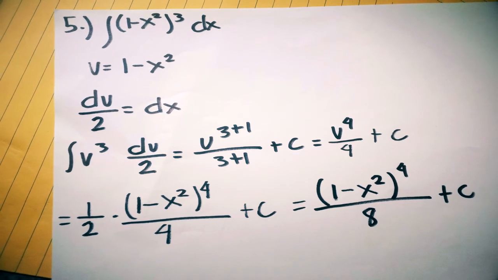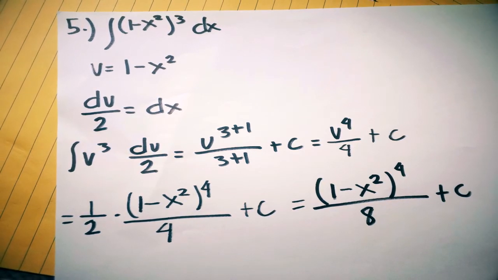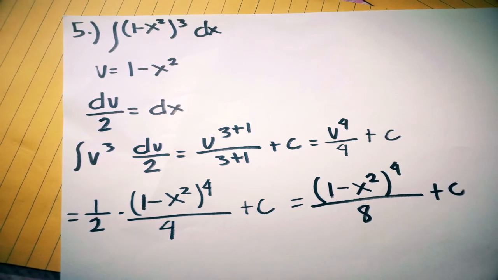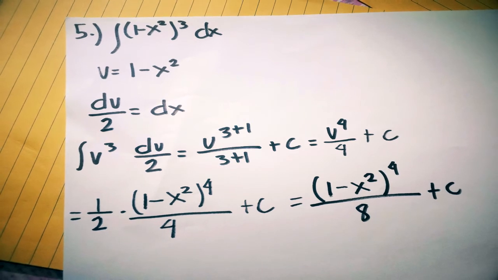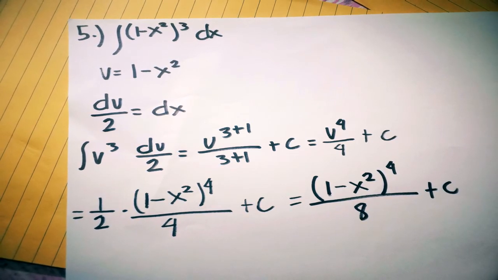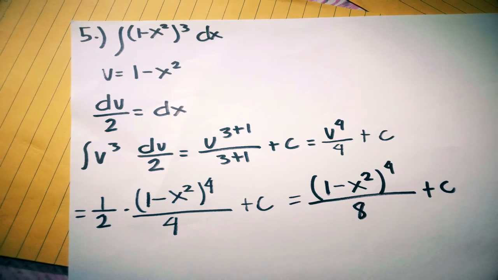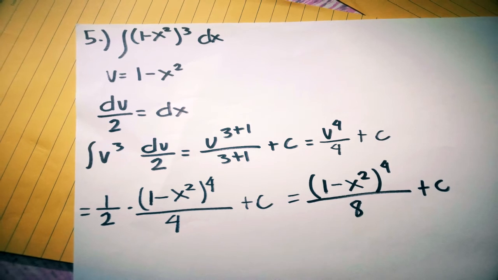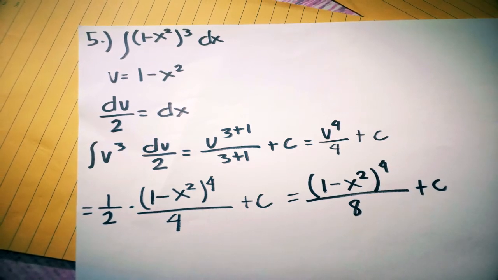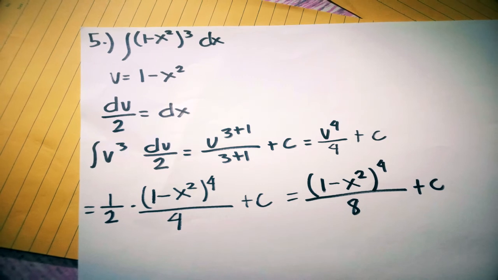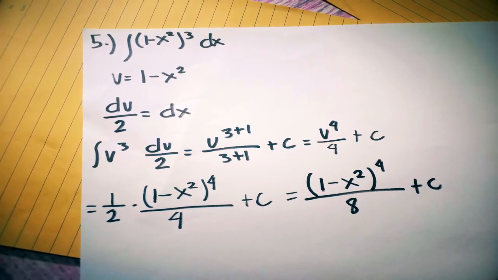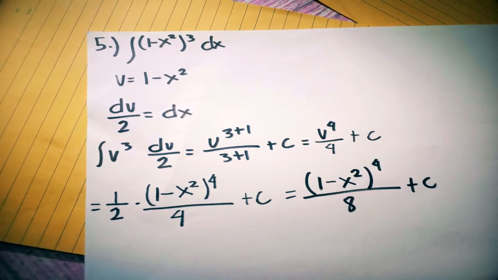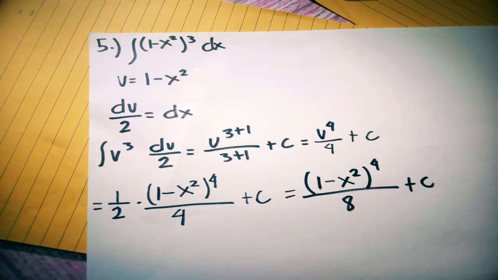The integral of u raised to the power of 3 du over 2 equals u raised to the power of 3 plus 1 over 3 plus 1, plus c, which is equivalent to u raised to the power of 4 over 4 plus c, which is equivalent to 1/2 multiplied by the quantity 1 minus x squared raised to the power of 4 over 4 plus c, and the final answer would be the quantity 1 minus x squared raised to the power of 4 over 8 plus c.